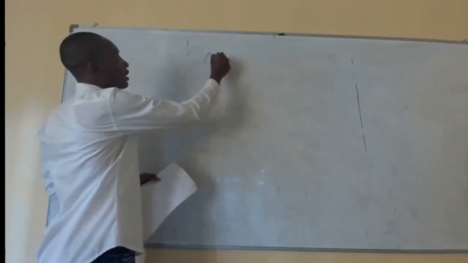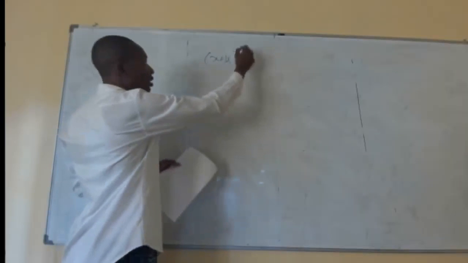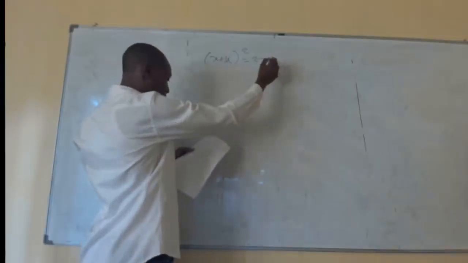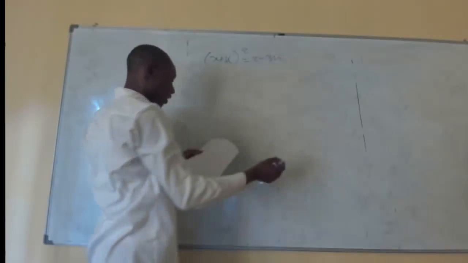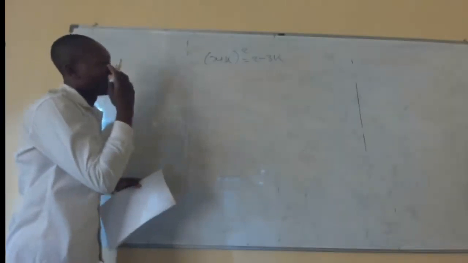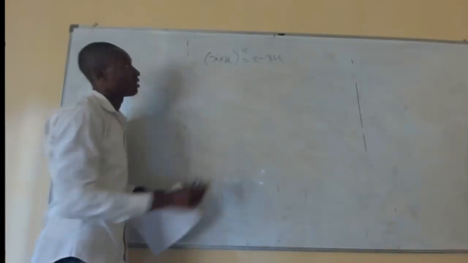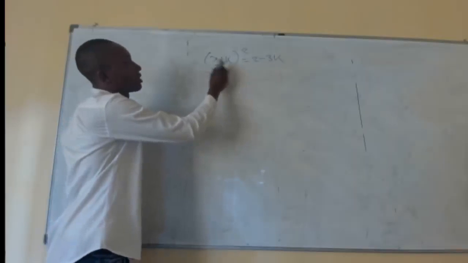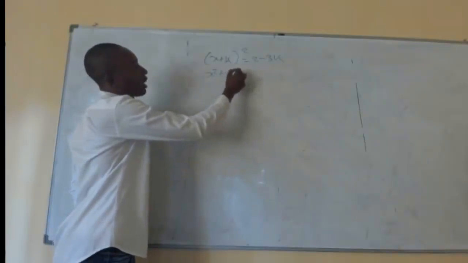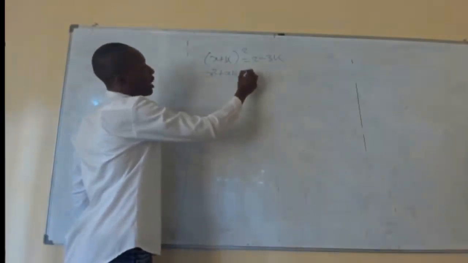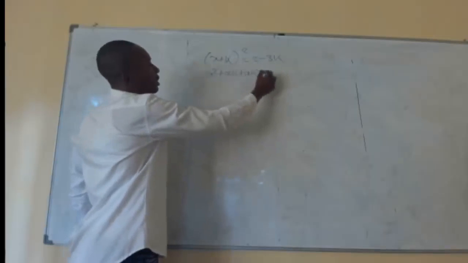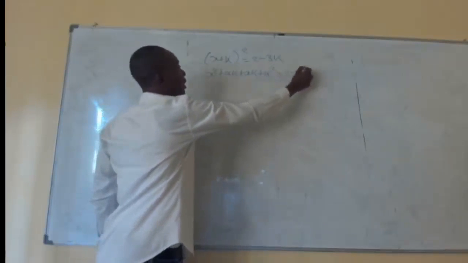So you are told that x plus k squared is equal to 2 minus 3k. Okay? As usual, remember we're supposed to first expand this because we don't know what our a and our b is. So this is x squared plus xk plus xk plus k squared is equal to 2 minus 3k.